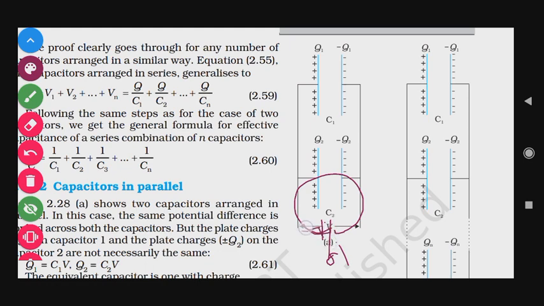I can do work only along this path or along this path, and the work done along either path is the same for a unit positive charge. So the potential difference for both paths is 8 volt. I hope I am able to make you understand how the voltage is the same in both capacitors. We'll understand it further when we come to chapter number 3.